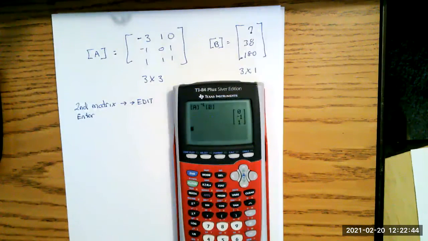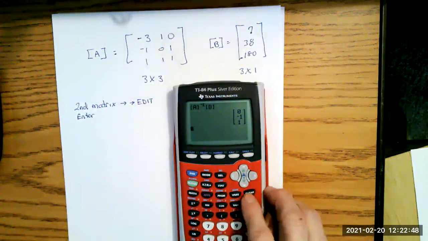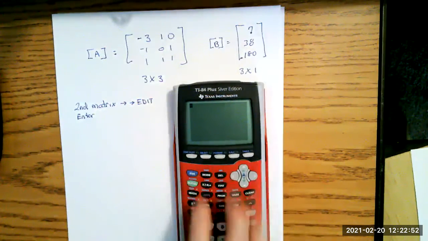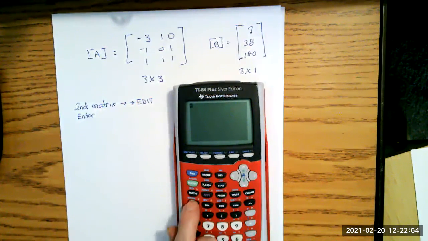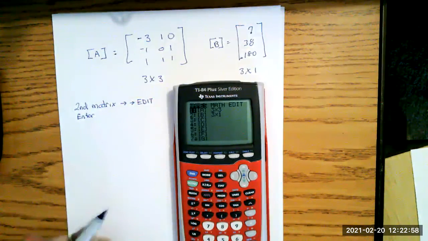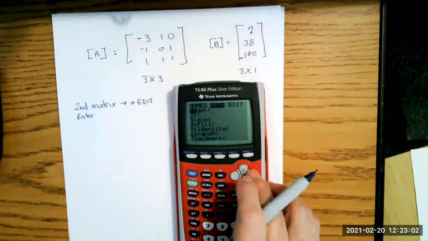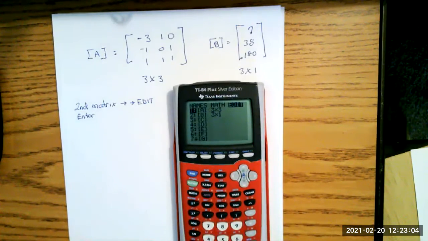So I'm going to turn my calculator on, and notice I've already been practicing on one, so I'm going to eliminate that one. I'm going to do the second key and down to matrix, which is going to be above that x to the negative 1 that we will need to use on the A in just a minute. So over to edit, and it's already highlighted A, so we enter.